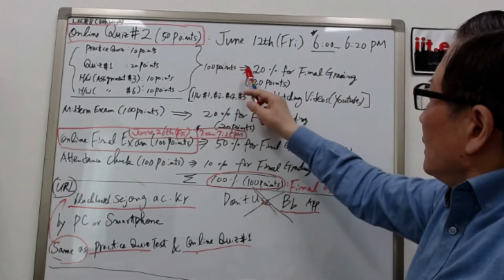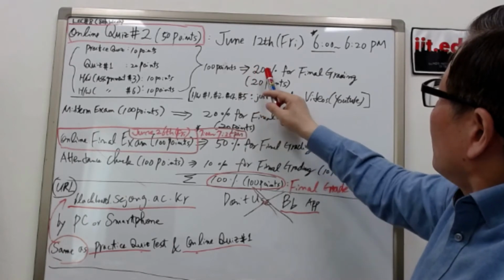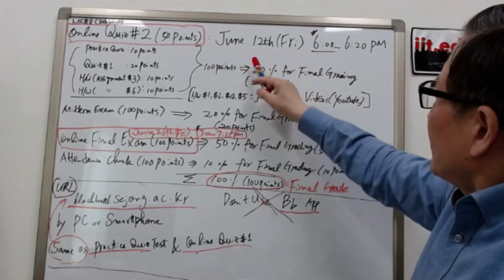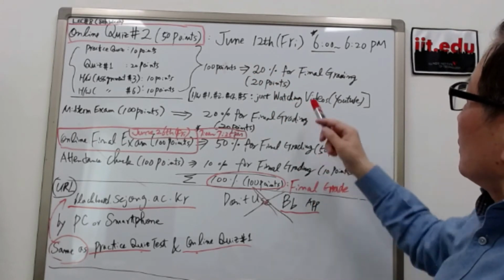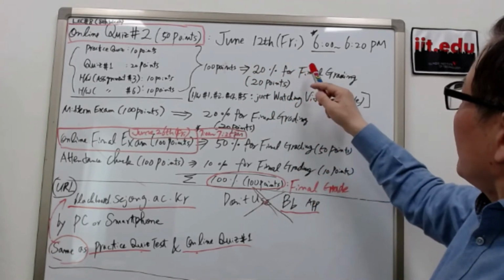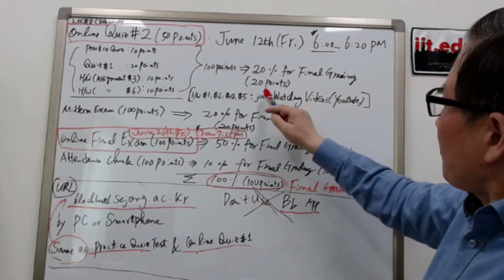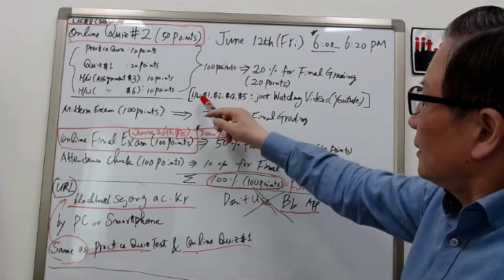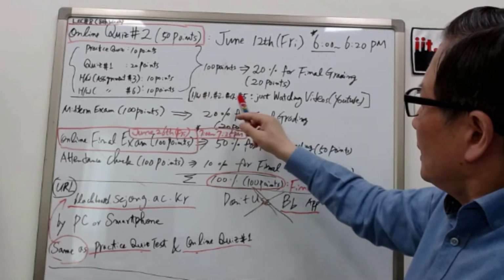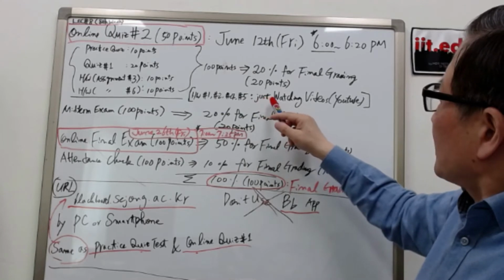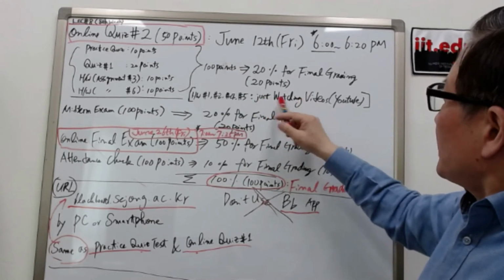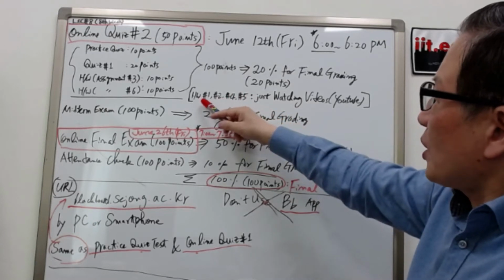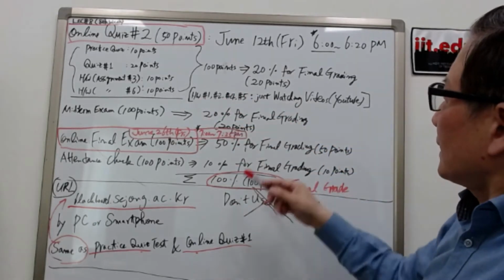This one will be applied to the final grading, and that will be the 20% portion of the whole final points. That means 20 points. As I explained already, we have some videos, and even though that is assignment or homework, just watching that video, that's it.